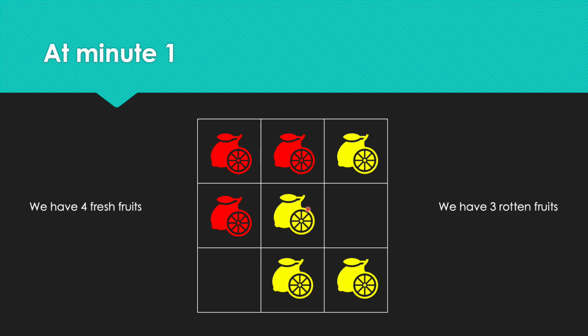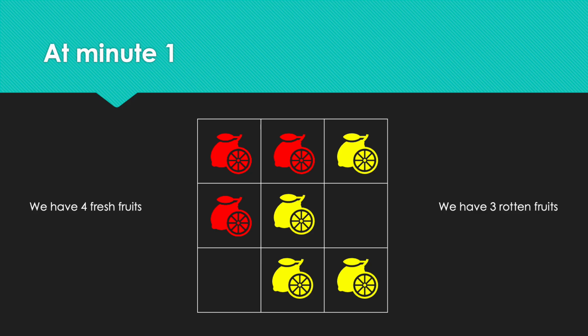It can go down, so it will rot this lemon, and it can also go right, so it will also rot this lemon. Same here as well. For this, it can go this side and this can go this side, so this lemon will get rotten. It can go down, but here there's an empty cell. It can go left, but that's not a valid index, and if it goes up, that was already rotten.